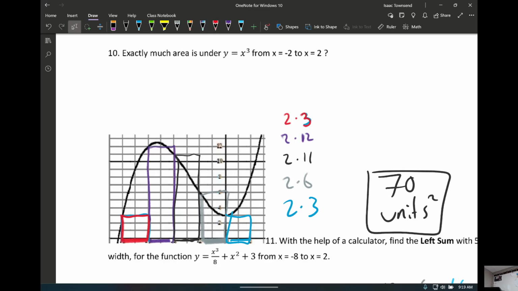There you go. So your length is the same thing as the y value when x is negative 7. So you need to plug -7 into that function, which is going to give you a decimal, but that's the length of that rectangle. Times it by 2, and then you have that area. Do it 4 more times.